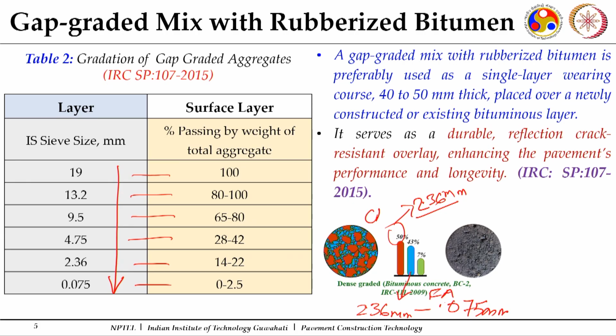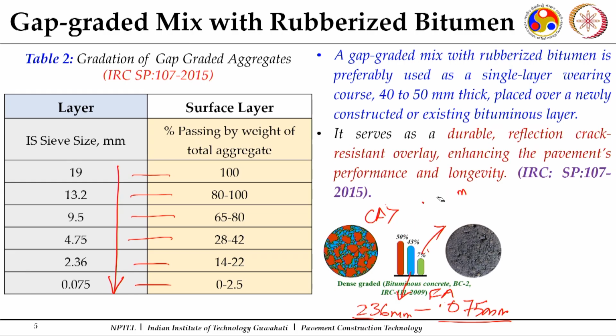And the aggregate fraction which mostly passes through the 75 micron sieve becomes the filler.